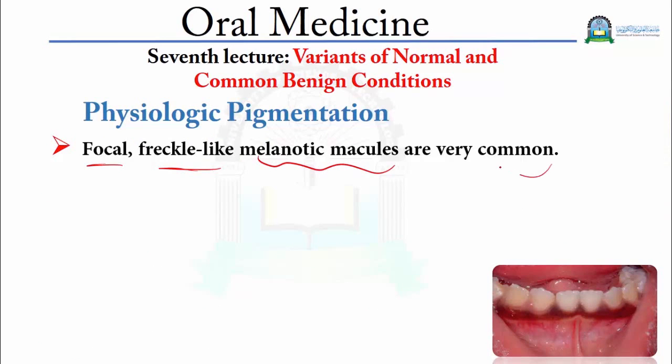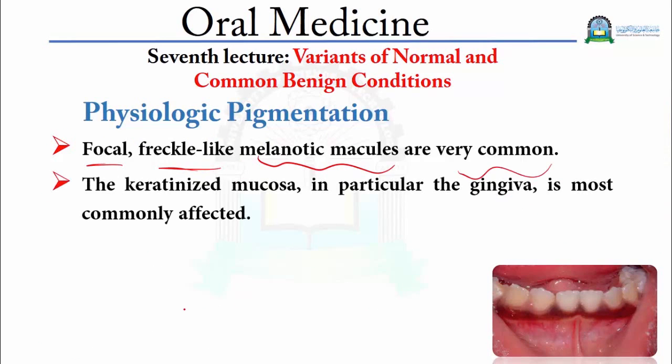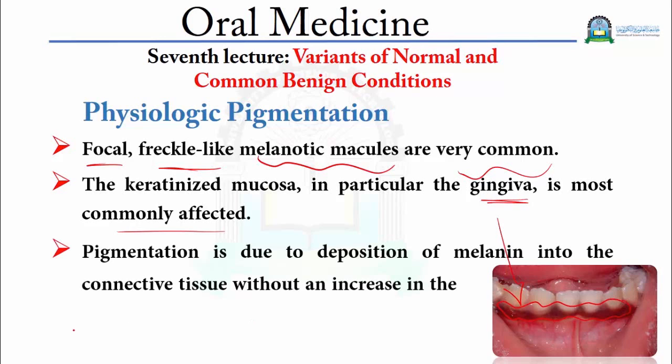This is the very common appearance of this lesion. The keratinized mucosa, in particular the gingiva, is the most commonly affected site. As we see in this clinical picture, the gingiva is affected by physiological melanin pigmentation. This is the black or dark brown discoloration on the attached gingiva.